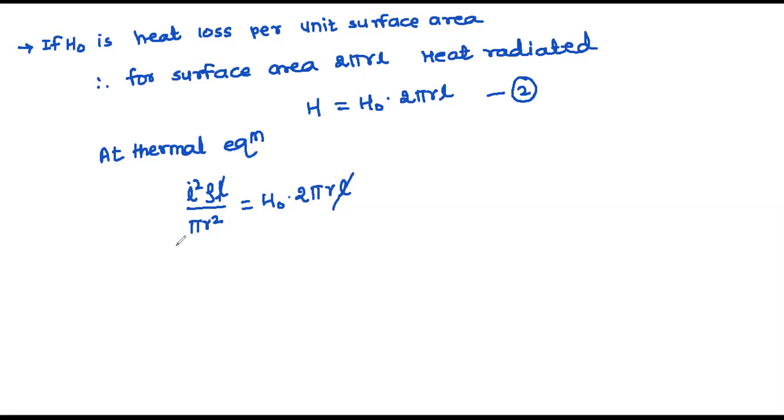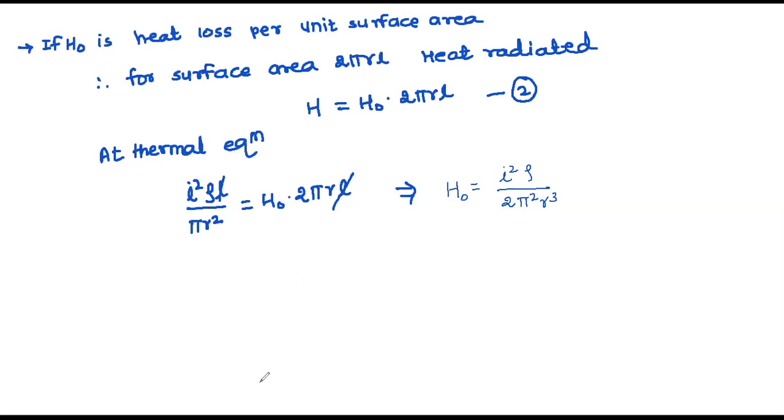And this 2 pi R, if it is coming down here, I get H naught is equal to I square rho divided by 2 pi square R cube. So H naught is equal to I square rho by 2 pi square R cube.